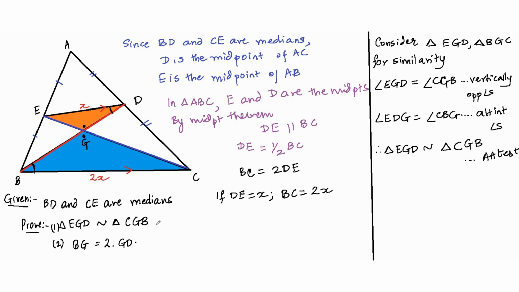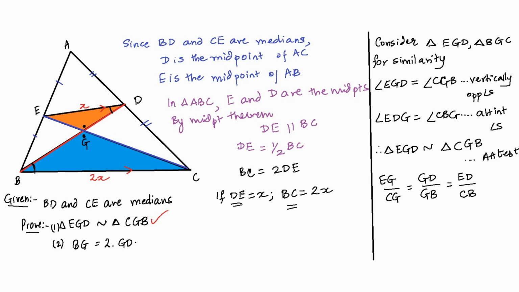So I think I have shown the first part. Now let's write the ratios of the sides. So we have EG divided by CG is equal to GD divided by GB, which is equal to ED divided by CB, right? Of which I know the lengths ED and BC.